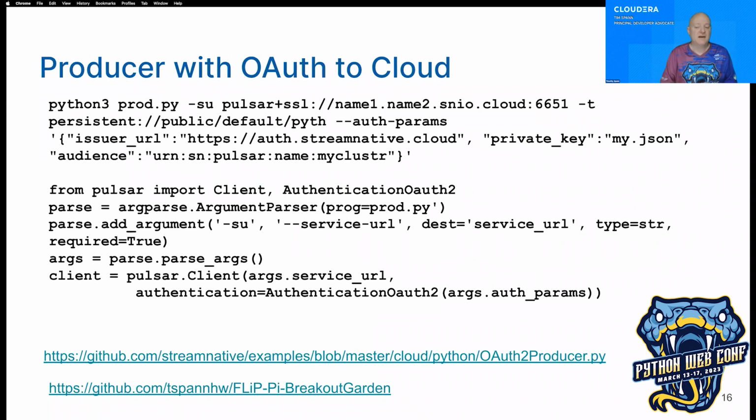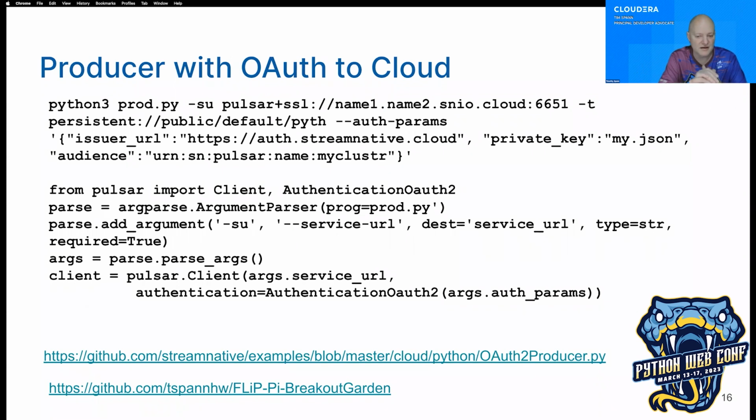Now you're going to say, there's no security there. Obviously, in the real world, you probably have security. It's a necessary evil. It is not hard, though, with the Pulsar Python library to do this. Now, if I wanted to connect to, say, the StreamNative Cloud, which uses SSL, as you can see here, and also uses OAuth and a private key to log in, it doesn't take much extra work.